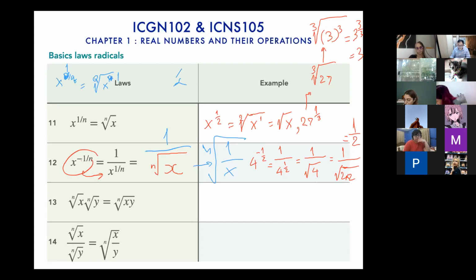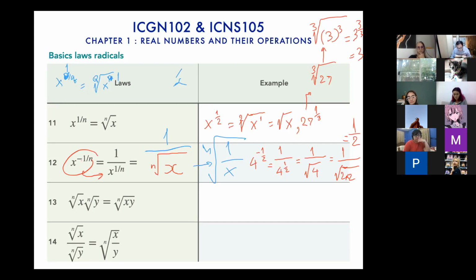Next, the next law is that the n root of x times the n root of y gives the n root of x times y.